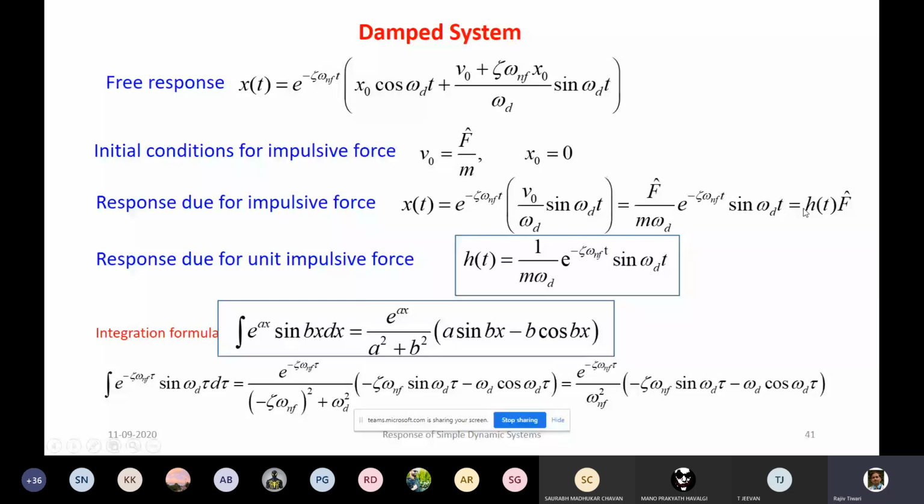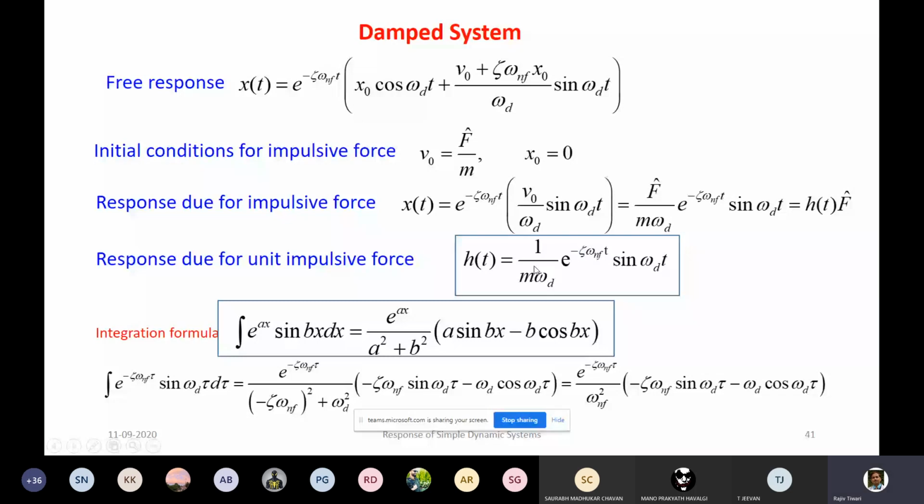So you can see now again I'm writing h(t) into F bar. F bar is this. The remaining term is h(t), the unit impulse response. Now this h(t) is including the damping also. So in the undamped case, we already saw that this term was not there, but with the damping, this is the additional term.